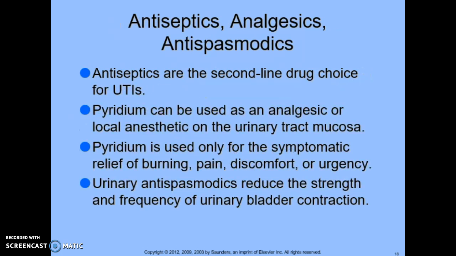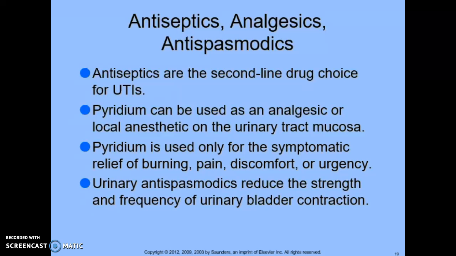Antiseptics, analgesics, and antispasmodics. Antiseptics are the second-line drug choice for UTIs. Pyridium can be used as an analgesic or an anesthetic on the urinary tract mucosa. Pyridium is used only for the symptomatic relief of burning, pain, discomfort, or urgency.